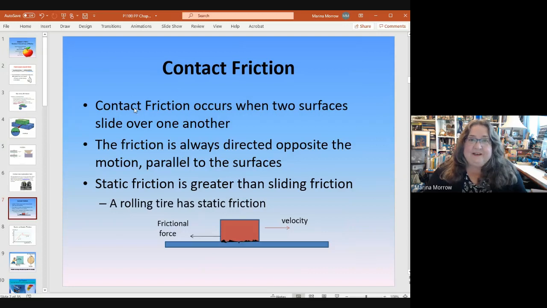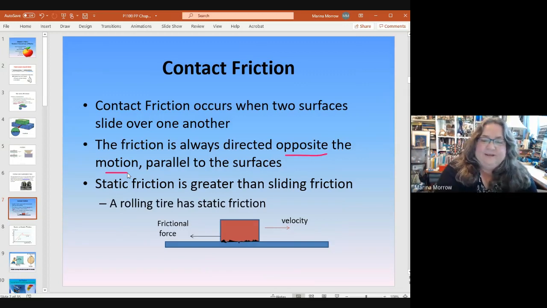Okay, now friction is called contact friction when two surfaces can slide over each other. And the friction is always directed opposite to the motion. So here we've got a block being pushed across a surface perhaps.